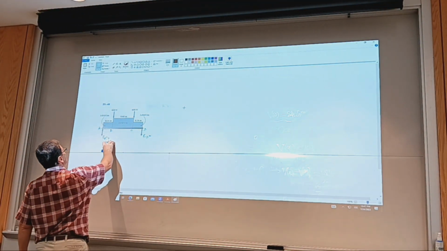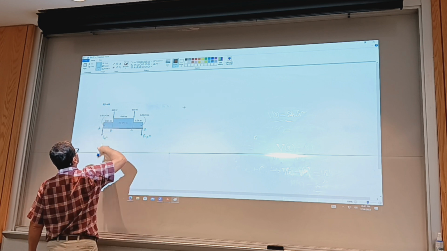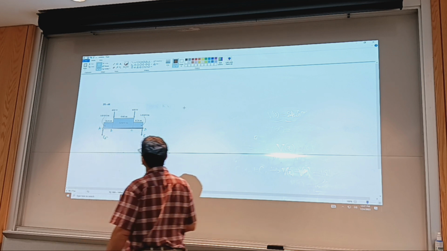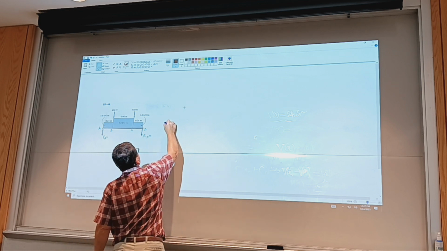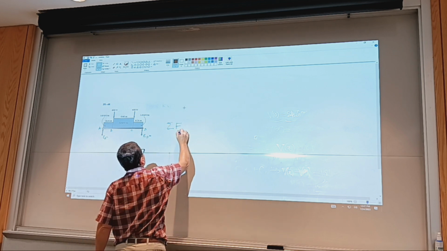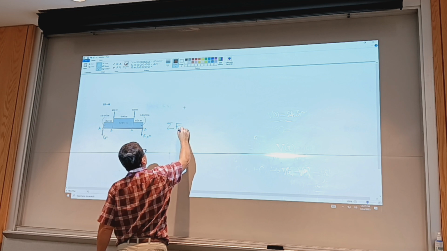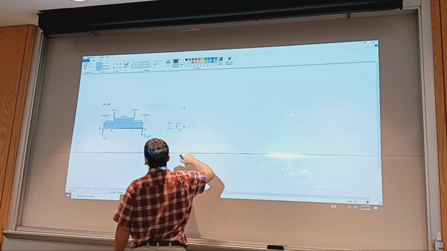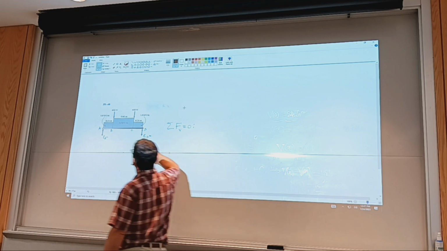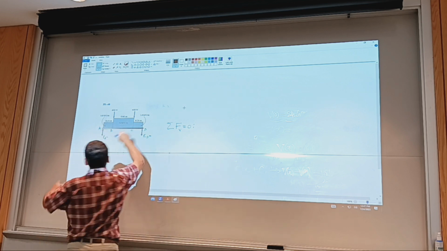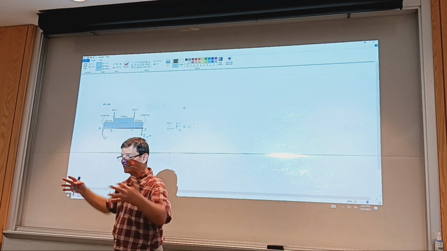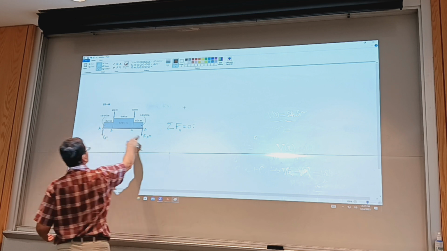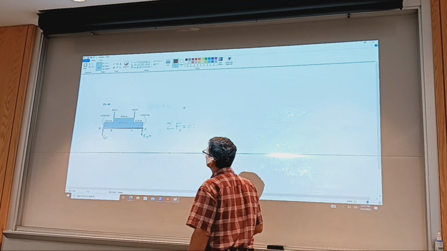I'm just going to say the down force divided by 2 is going to be RA and equal to RD. So if I sum forces in the y direction, the vertical direction, I have equilibrium. And again, the two moments being equal and opposing, they cancel each other's effect, and there's no change in the reaction forces at A and D.